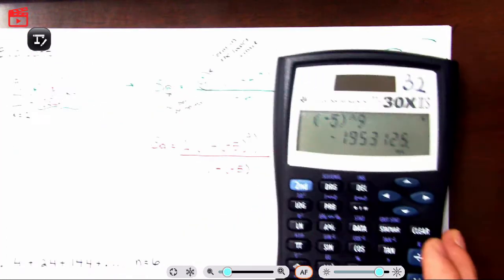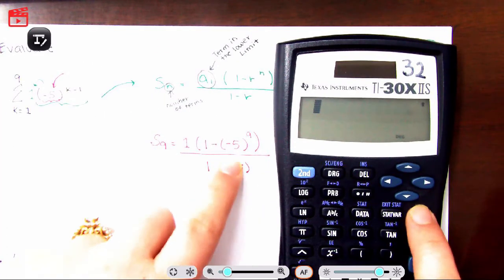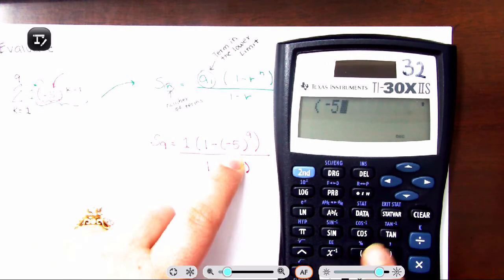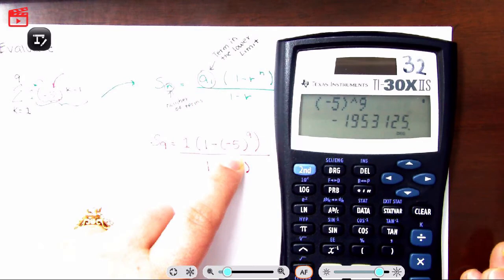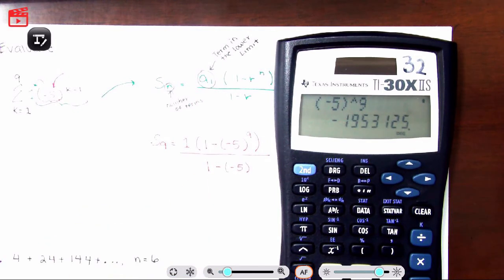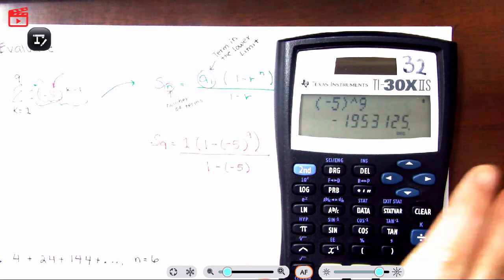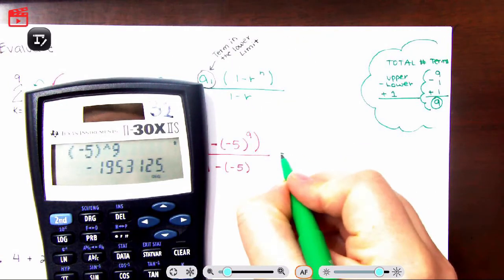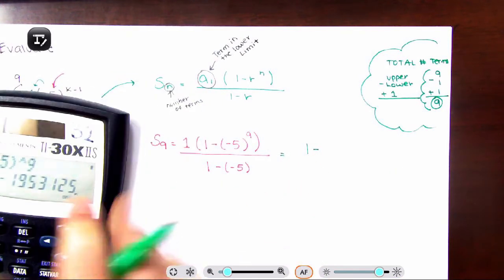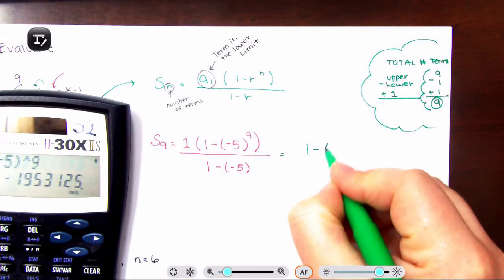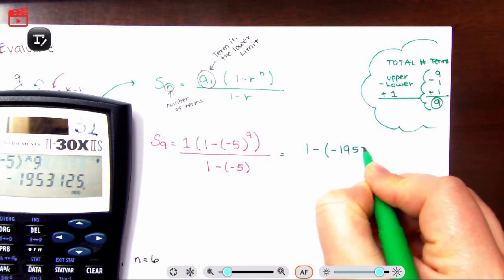I'm going to do this right off to the side so you guys can see how I'm doing it. I'm doing negative 5 to the 9th power. That gives me a very large number. I'm going to then have 1 minus that number. So what I'm going to have is 1 minus, because I have a 1 minus here, and then I have negative 1953125.